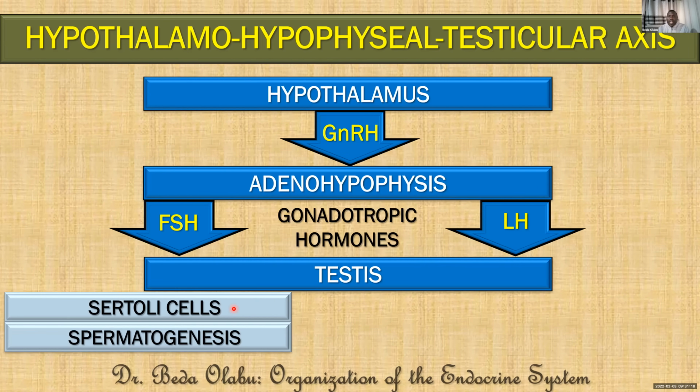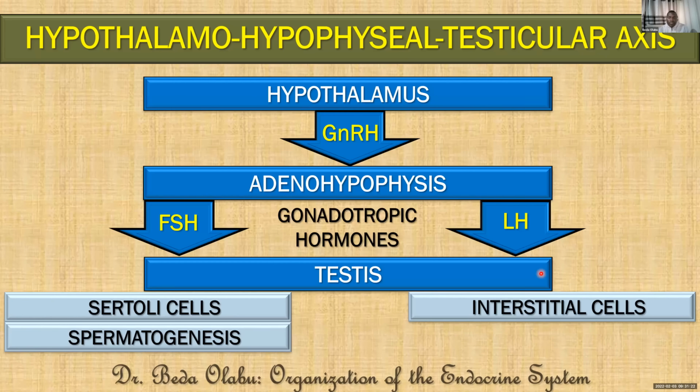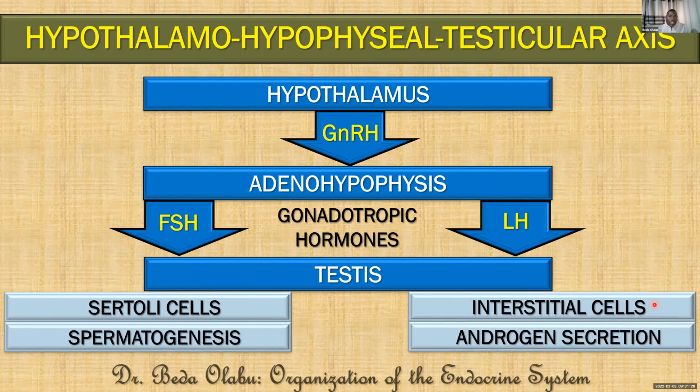Luteinizing hormone, on the other hand, acts on the interstitial cells of Leydig, and it promotes the secretion of testicular androgens, testosterone and dihydrotestosterone. So that is the hormonal axis that controls the secretion of androgens. Remember, the secretion of GnRH begins at around the time of puberty, marking the onset of puberty.